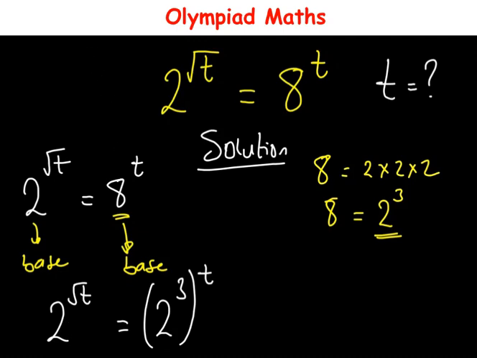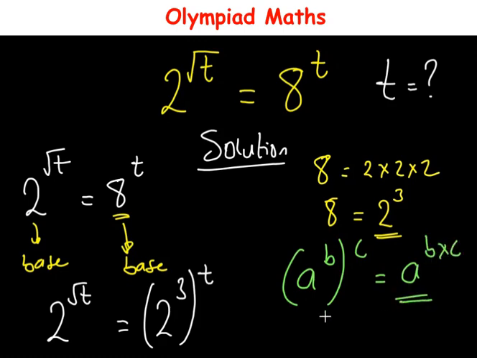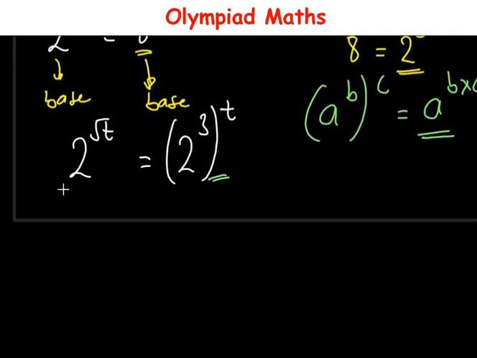Now with this, we can apply this rule that if you have a raised to power b, all raised to power c, this equals a raised to power b times c. So applying this rule, we have 2 raised to power root t is equal to 2 raised to power 3 times t, which is 3t.